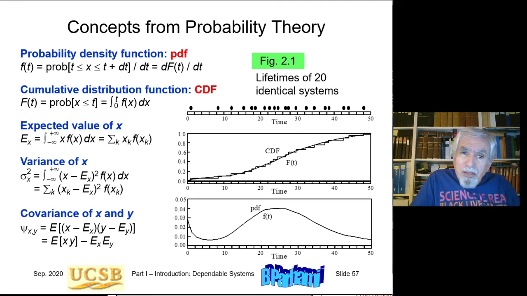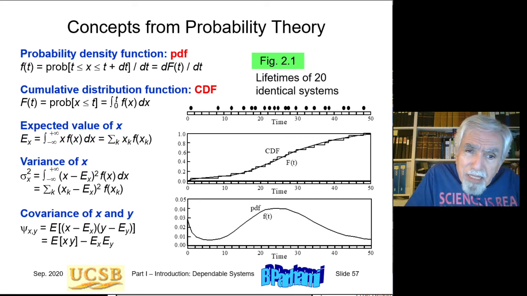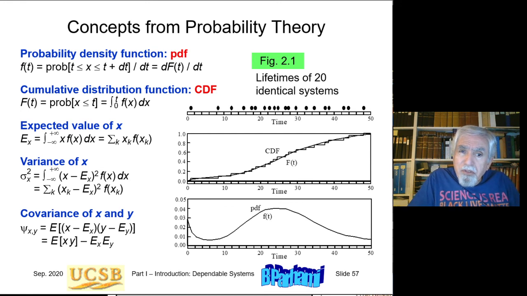A cumulative distribution function is basically the integral of that density function from 0 to t. The name cumulative comes from the fact that we accumulate this density over the range 0 to t. Now these two concepts can be illustrated by a simple example.